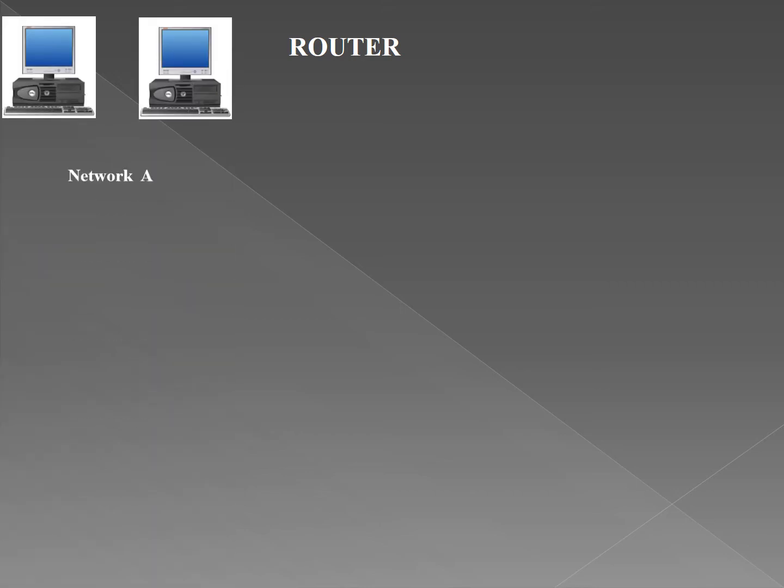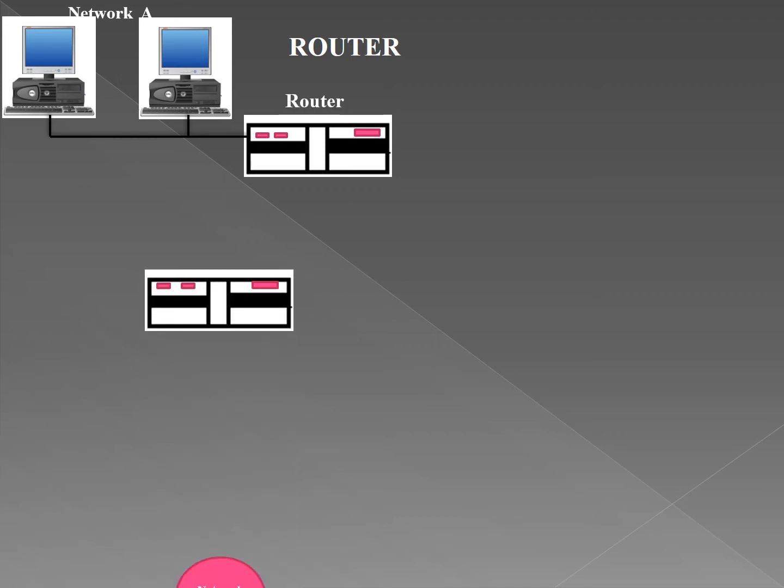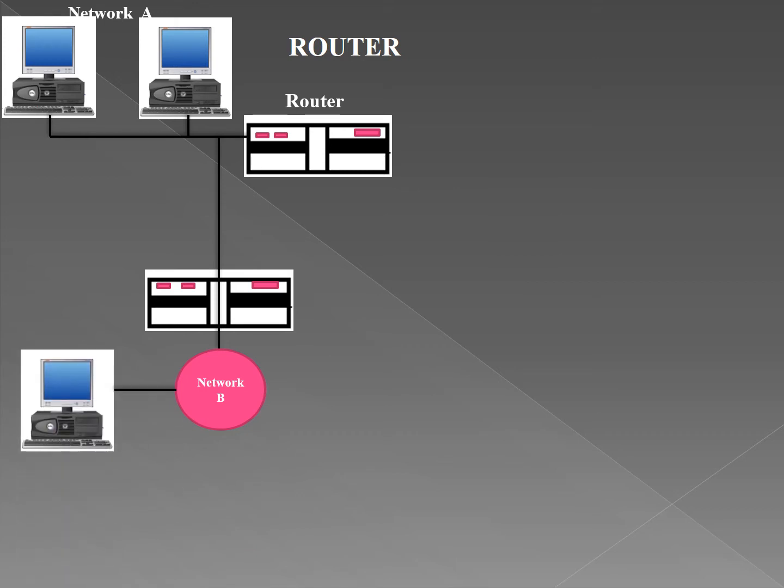You can see here my network A, which has two computers connected to a router. This is my router 1, my first network with two computers. See how this router of network A is connected to the router of network B, which has just one computer.